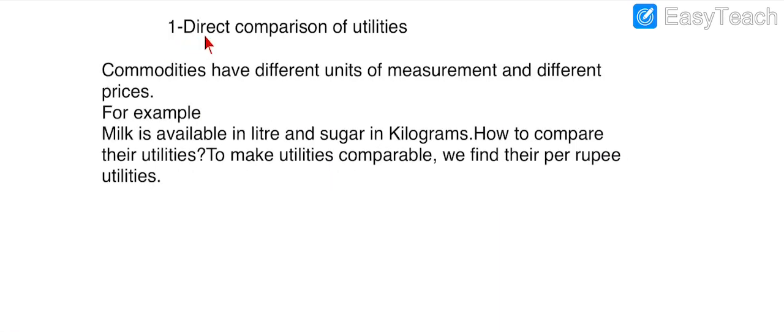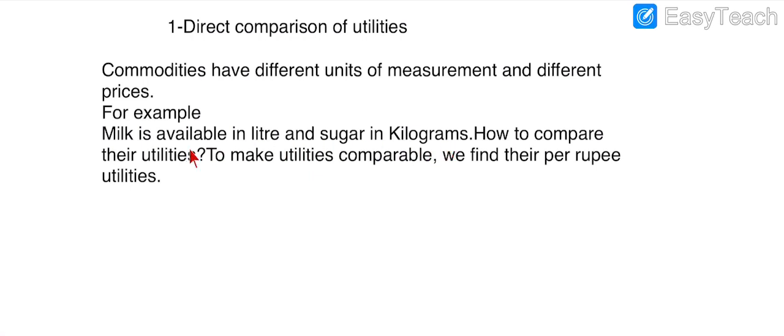Number one, direct comparison of utilities. How do we compare utilities? For example, you are purchasing different types of commodities. Let's see the example of two commodities. If I'm going to purchase milk and sugar, milk is available in liters and sugar is available in kilograms.